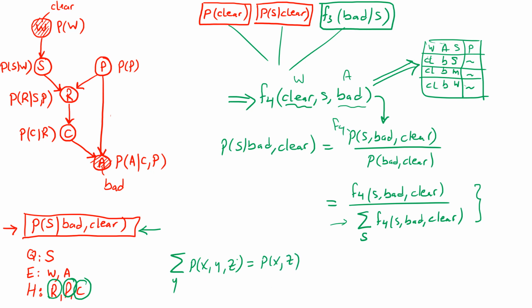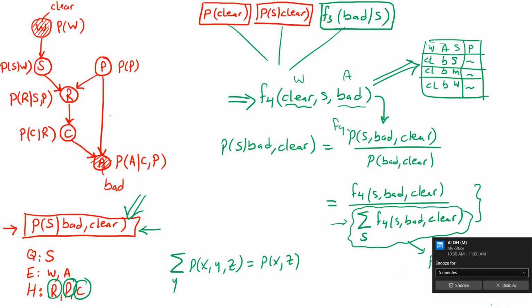Because we eliminated y by summing over all possible values of y. Same here, this part is P of bad and clear. And that's what remains to be done in order to get the probability that we want.